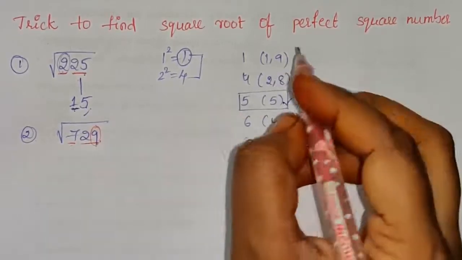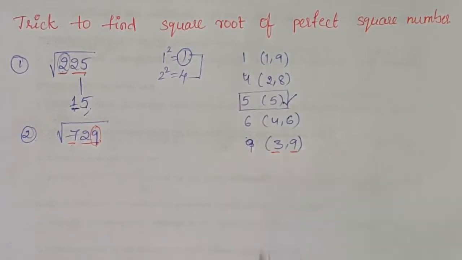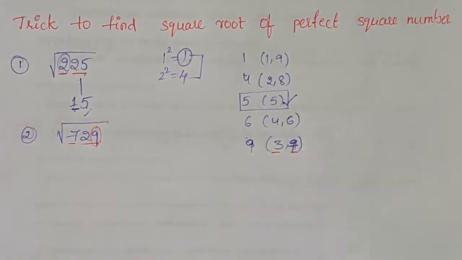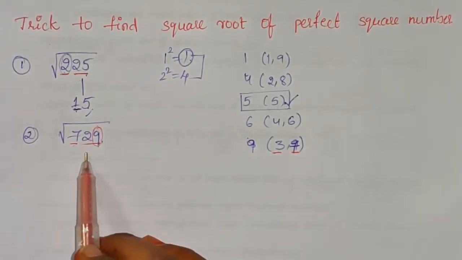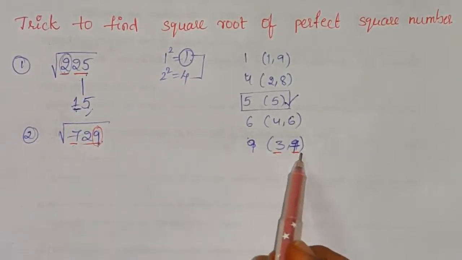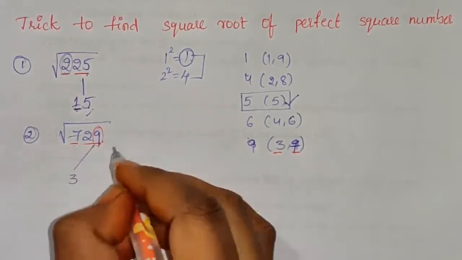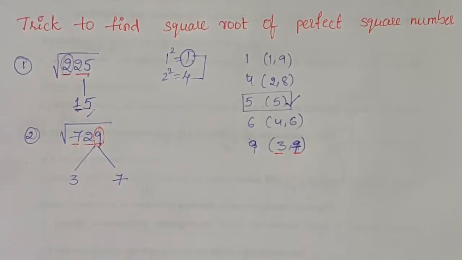That may be in 9, where we are getting either 3 or 7. The square root of this number will have 3 or 7 in the units place. The units place is confirmed, either it may be 3 or 7.